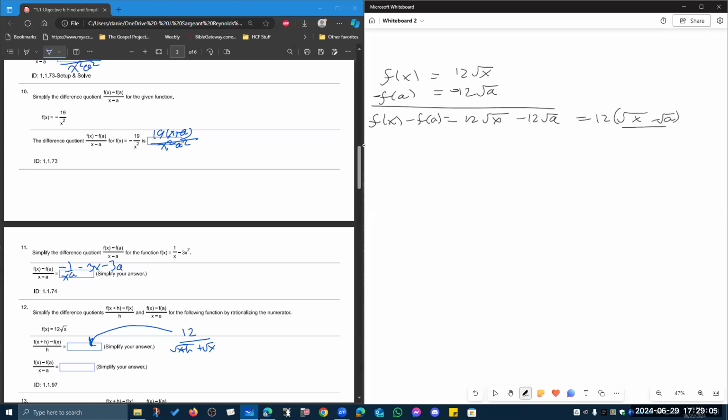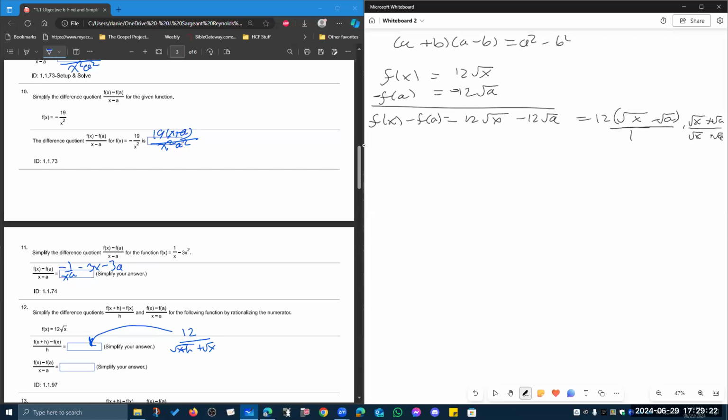Root x plus root a, root x plus root a. Using that same rule that we talked about here, a plus b times a minus b is going to be a squared minus b squared.